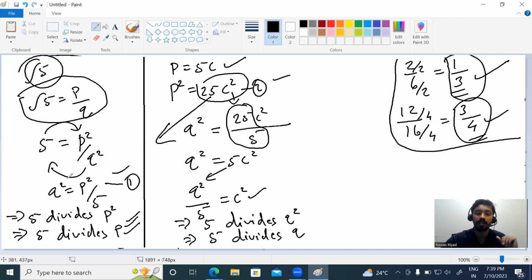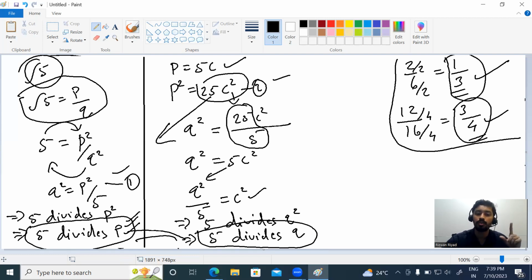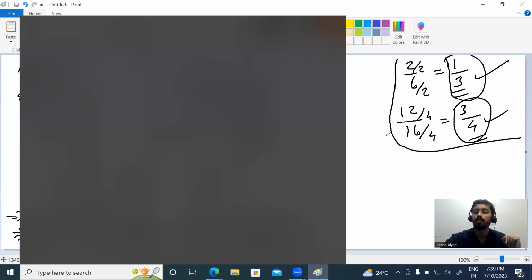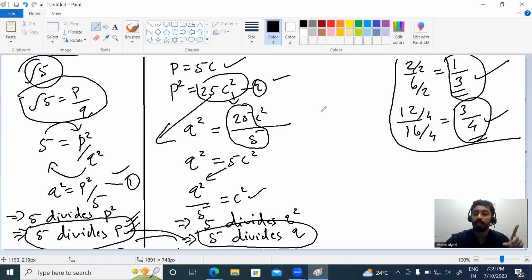But what we have reached here, you can see 5 divides p, and here 5 divides q also. That means both p and q are divisible by 5, which means 5 is a common factor between p and q. This is a contradiction to our assumption. We assumed that there is no common factor between p and q, but here we have reached a statement which says 5 is a common factor.